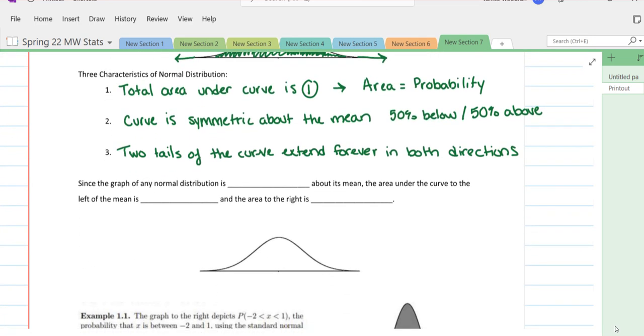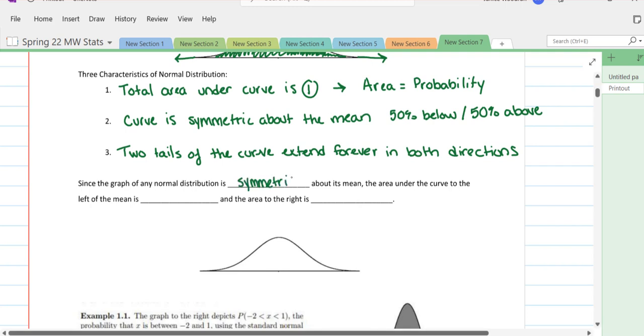Now, since the graph of any normal distribution is symmetric about the mean, the area under the curve to the left of the mean is 50%, so 0.5, and to the right is 0.5. If I split the curve in half, I've got 0.5 on the left, 0.5 on the right.